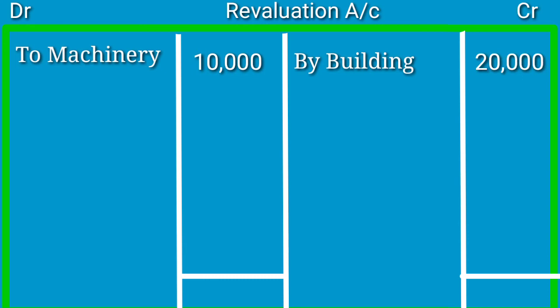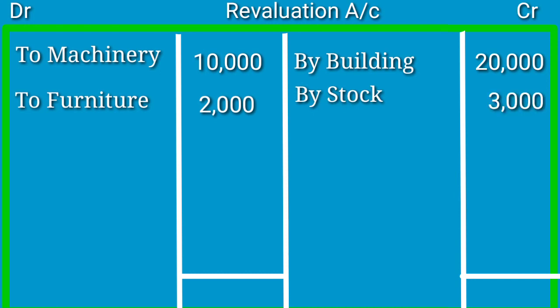Then revaluation account debtor to furniture account. Furniture value is decreasing, so we record on the debit side, to furniture 2,000, because it's a loss. Next, stock account debtor to revaluation account. Stock value is increasing, that means profit, so we record on the credit side, by stock 3,000.